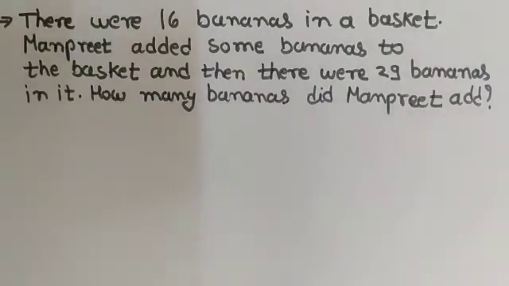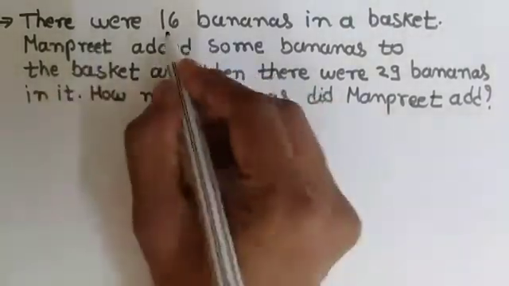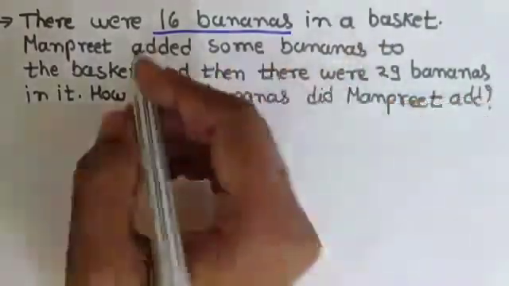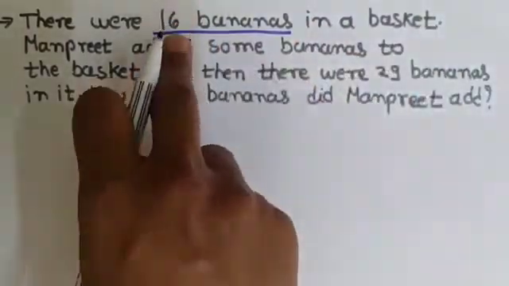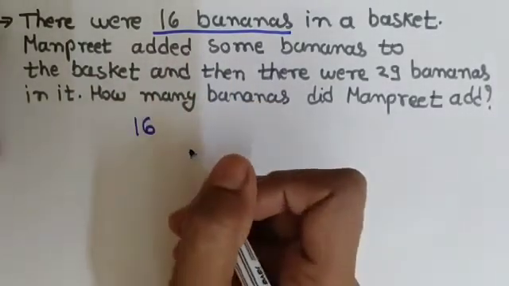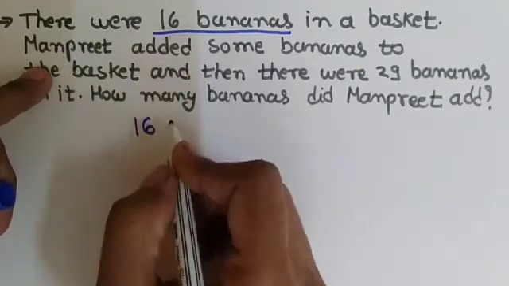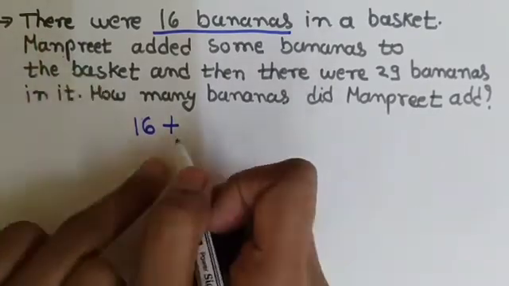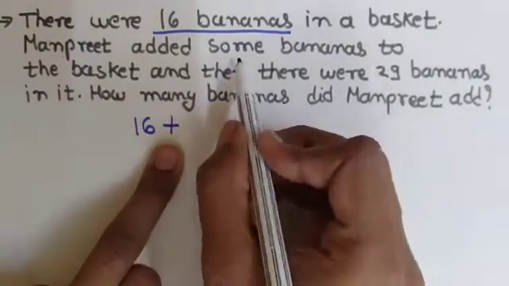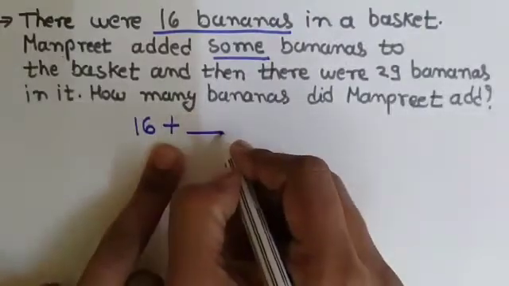So what we have to do first? First we have to take out what is given here. There were 16 bananas in a basket. We have one basket, in that we have 16 bananas. Then what have they given? Manpreet added some bananas, but we don't know what "some" is, so we will put a dash here.